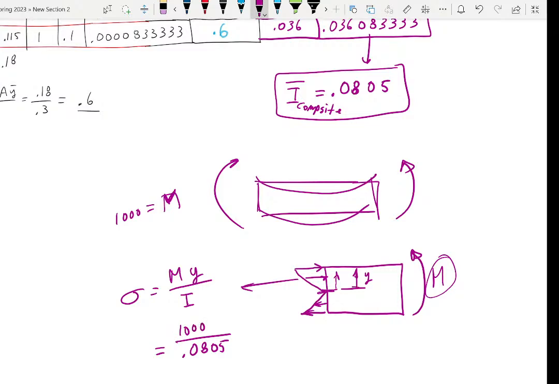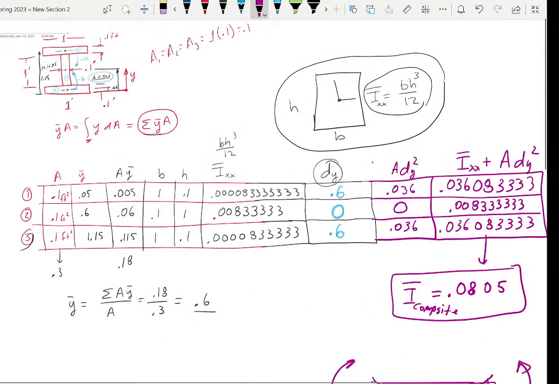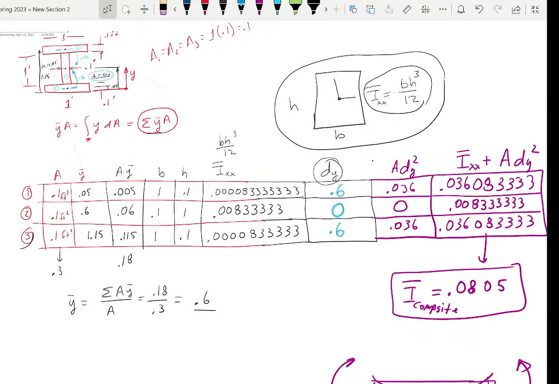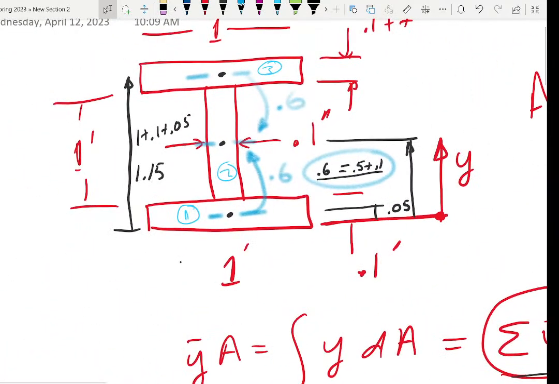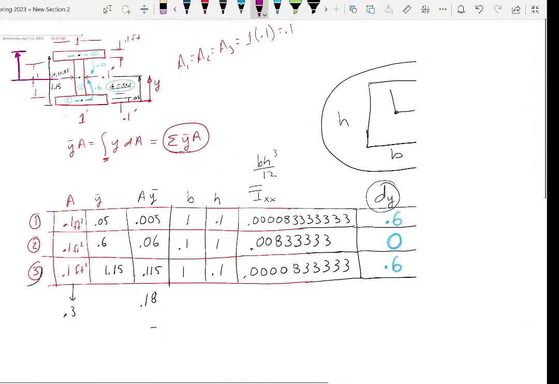Now let's say that beam was, how tall was it to the top and bottom? If I look at the total extent from here to the very top, that's 0.5, that's 0.5. You know what? Yeah, 0.6. Okay, never mind. 0.6.